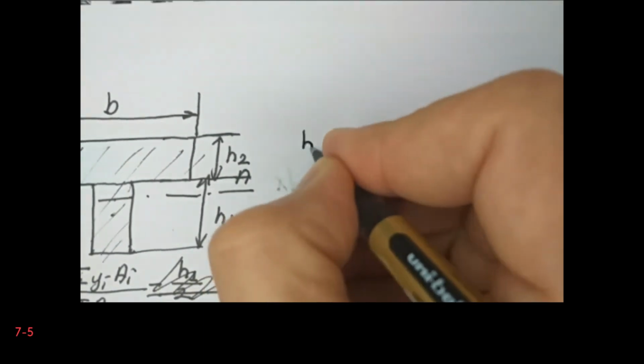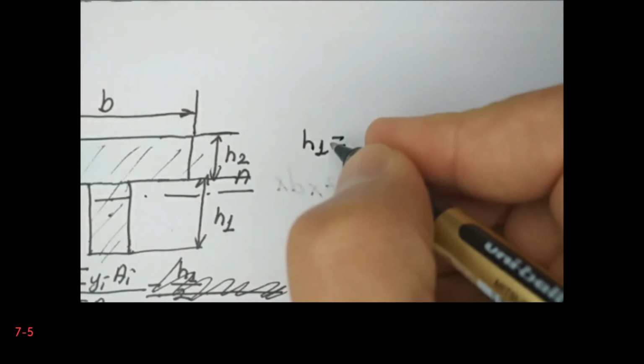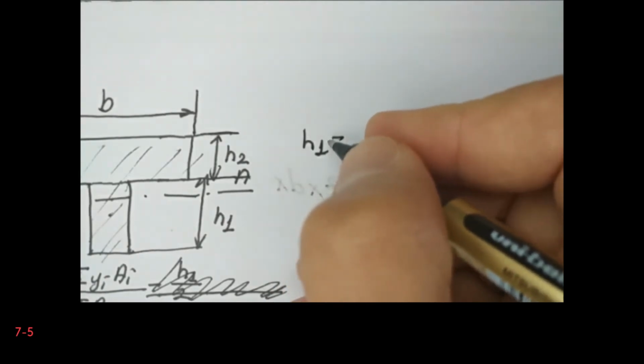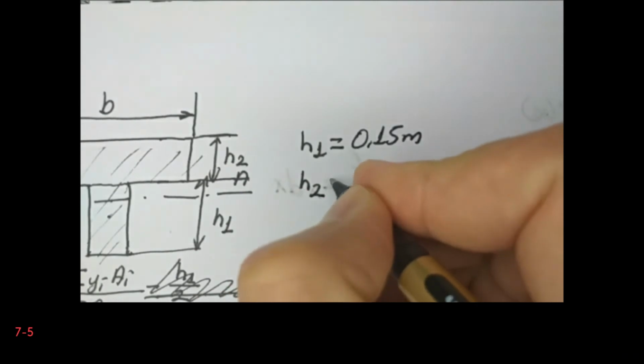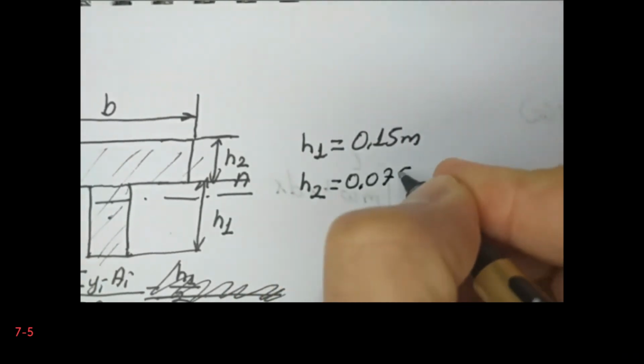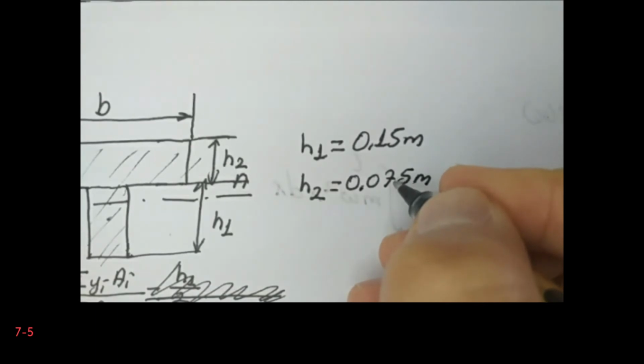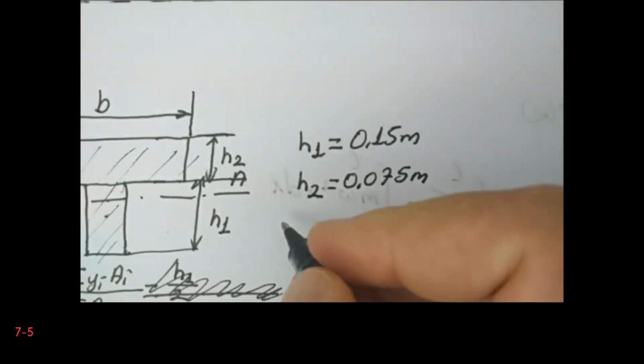Now let's, I forgot to write the variables. Let's write the variables here. So then we will put it into the expression. H1 is 0.15 meters. H2 is 0.075 meters, and b is 0.3.